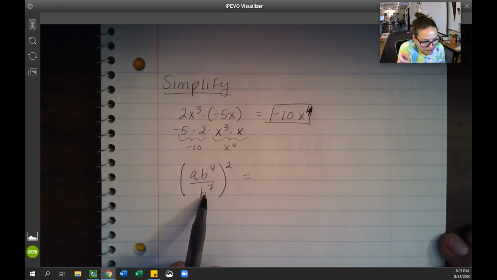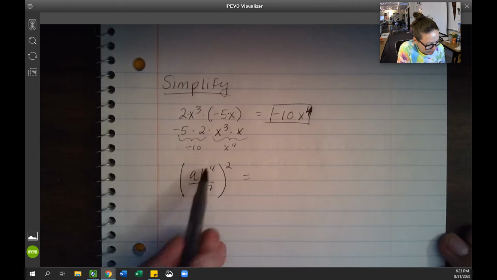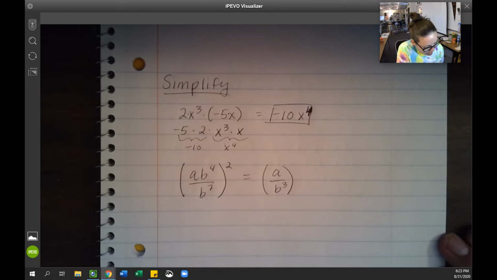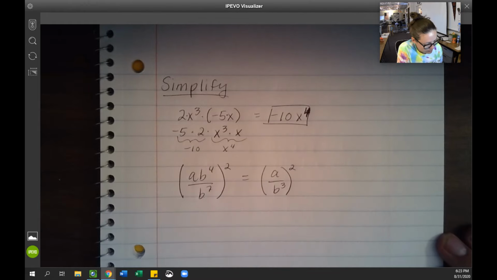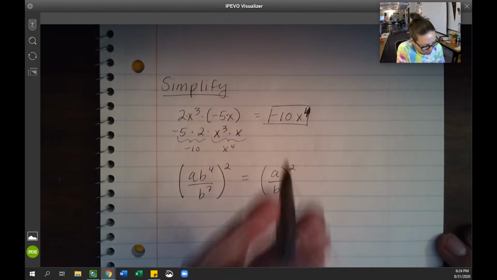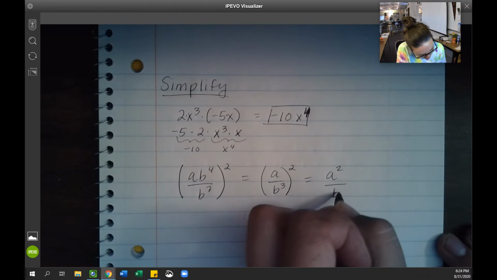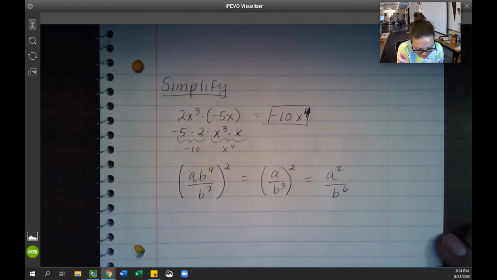I have more b's on the bottom, so 7 minus 4 means that I have b cubed on the bottom. This squared means that I'm going to square both things in the parentheses, which means I have a squared over b to the 6th.